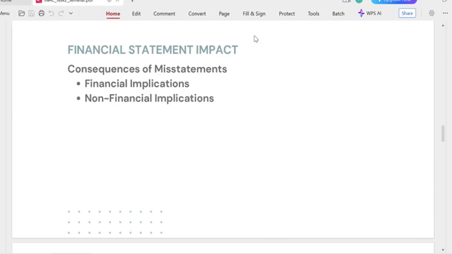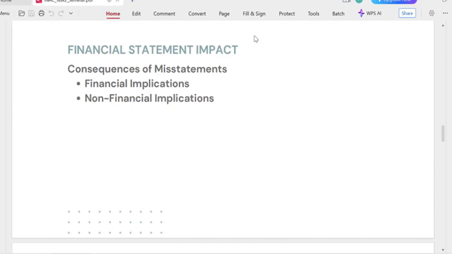Say I am an investor looking at the financial statements of the company and I see that they have assets of $2 million, but they don't actually have those assets. So I am making the decision on the basis of wrong information. This is financial implication.